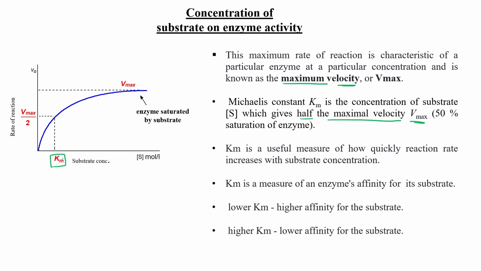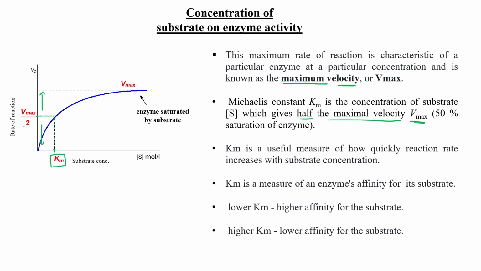Means at this particular concentration of substrate, half of the enzymes, not substrate, get saturated. As you can see, at this point half of the enzyme gets saturated, and this point is Vmax by 2, just half of the whole maximum.